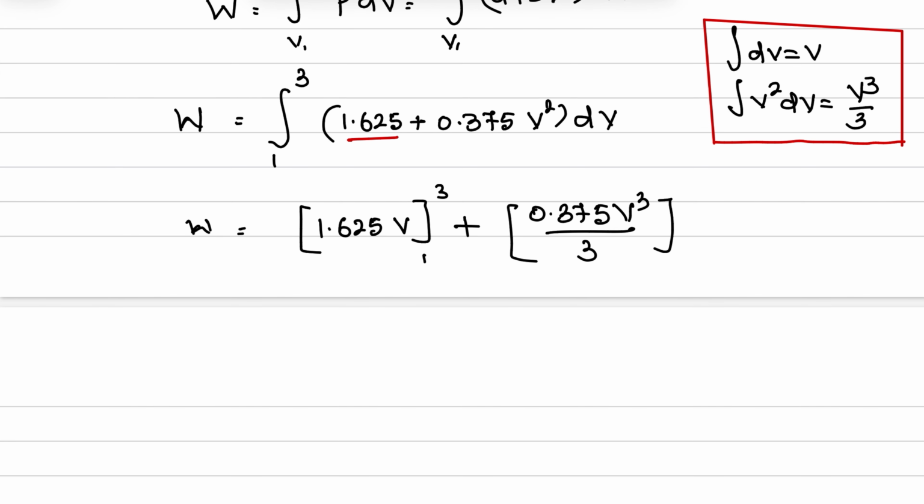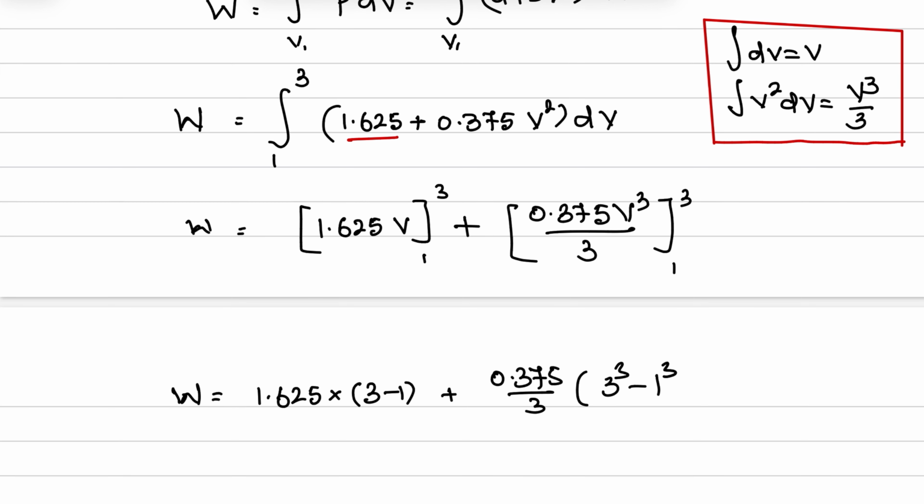Now, 1.625 V, 1 to 3, plus 0.375 V cube by 3, this is also 1 to 3. Therefore, work done is equal to 1.625 into 3 minus 1. Do you agree? Plus 0.375 by 3 into 3 cube minus 1 cube.